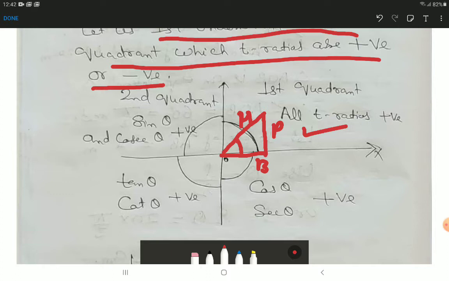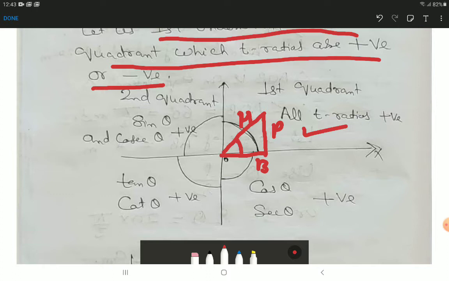And if the triangle lies in second quadrant, then base will be negative, perpendicular will be positive, and hypotenuse will be definitely positive only. So here sine and cosec, perpendicular upon hypotenuse or hypotenuse upon perpendicular, will always be positive. And rest of the trigonometric ratios which involve base and hypotenuse or base and perpendicular will be negative.